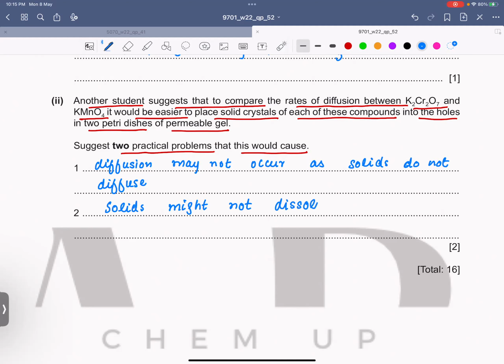Initially, we are using their solutions in water, so they are soluble in water. But we can't say whether they are going to dissolve in gel or not. So, solids might not dissolve in gel. Is this understandable to everyone? If anyone has any doubt, any question, do ask.